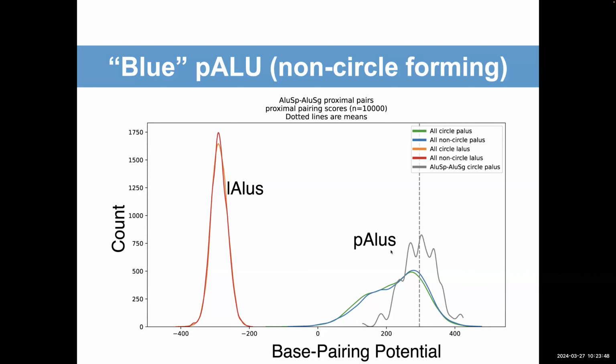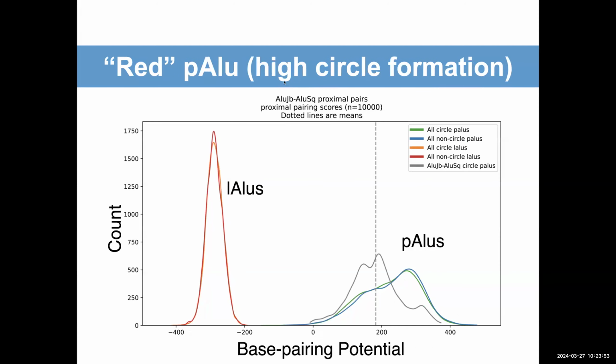If we now go back and look at the base pairing potential of a really red square, a red PALU, right? You can see it's actually not shifted to higher base pairing potential, but more to the left, to lower base pairing potential.